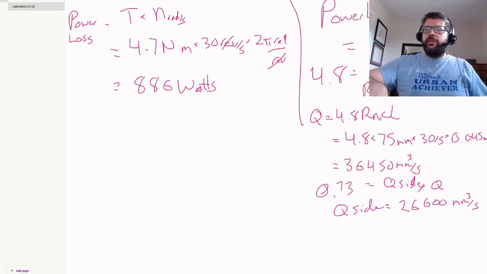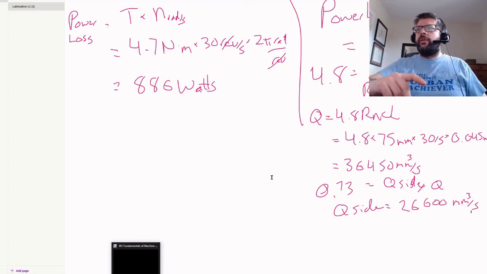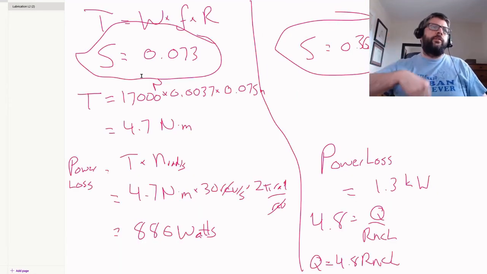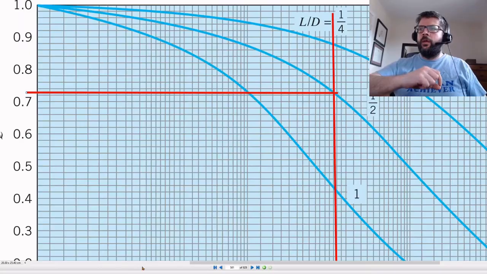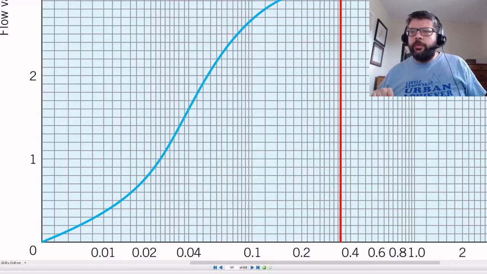All right, and then let's do the same thing for the other case. The S is equal to 0.073. So we're looking at 0.072, and we're looking at 1, 2, 3.